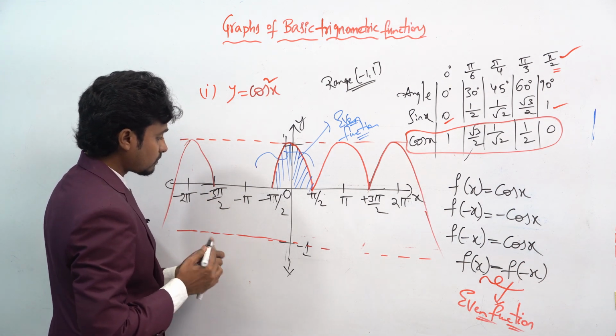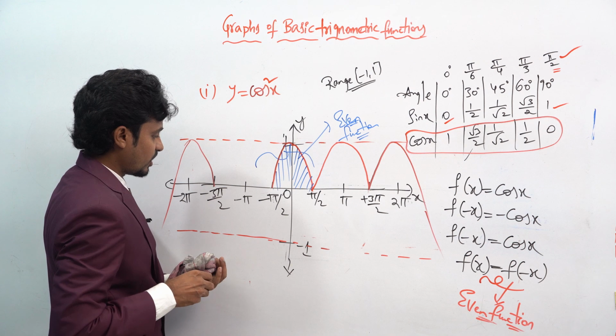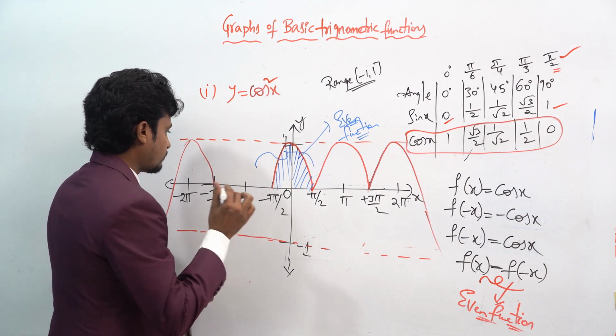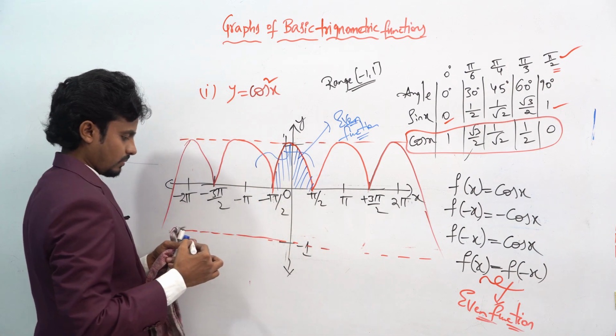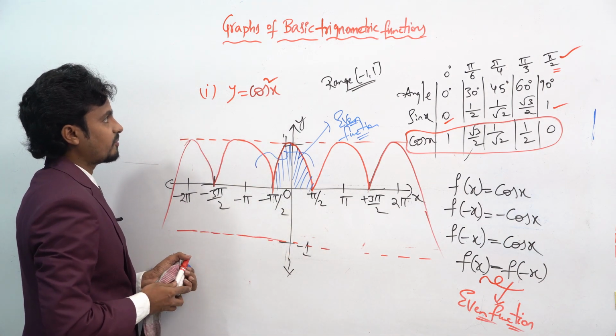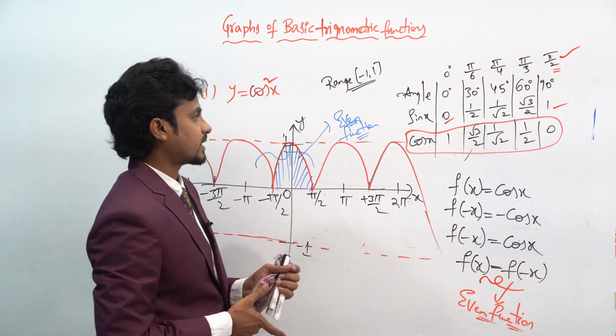Here what you will get, just the negative side is shifted to the positive side like this. Okay, this was the plot for y is equal to cos square x.